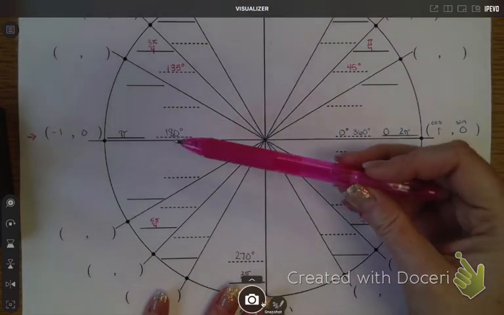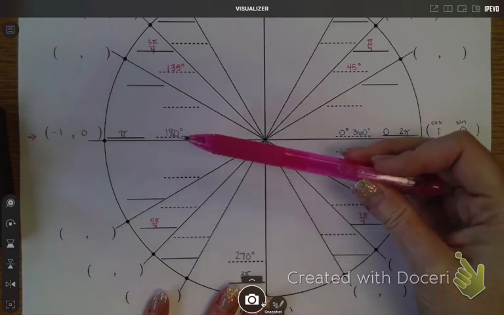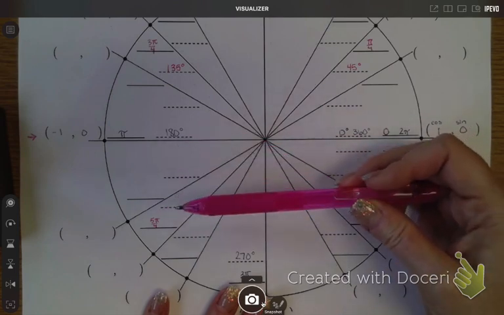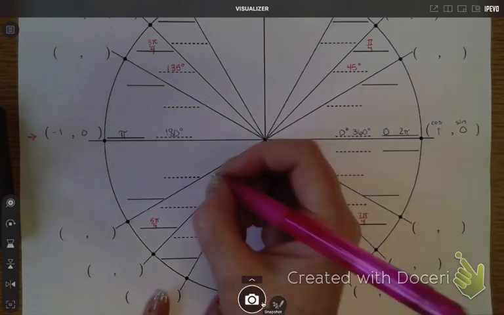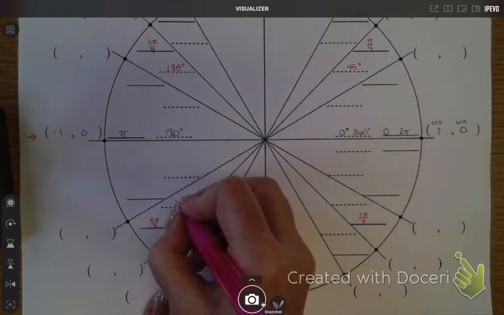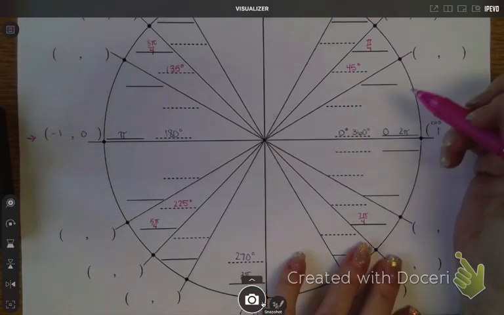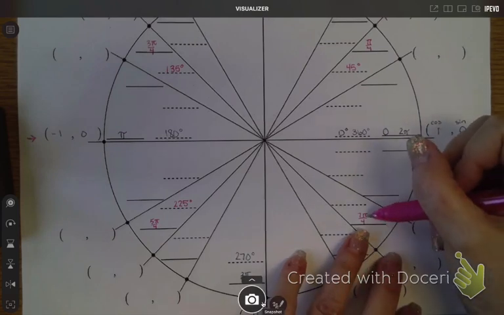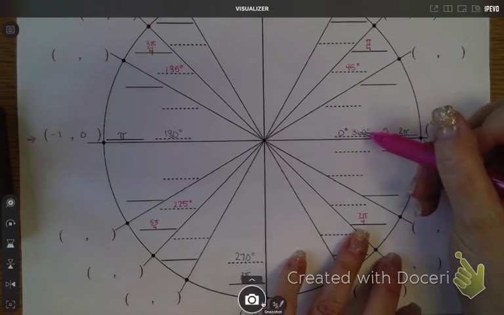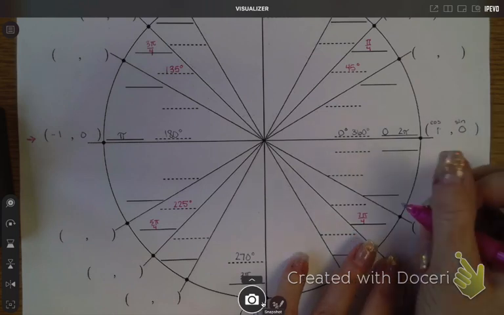And 5 pi over 4 was 45 bigger than 180, 225. And 7 pi over 4 was 45 less than 360, 315.